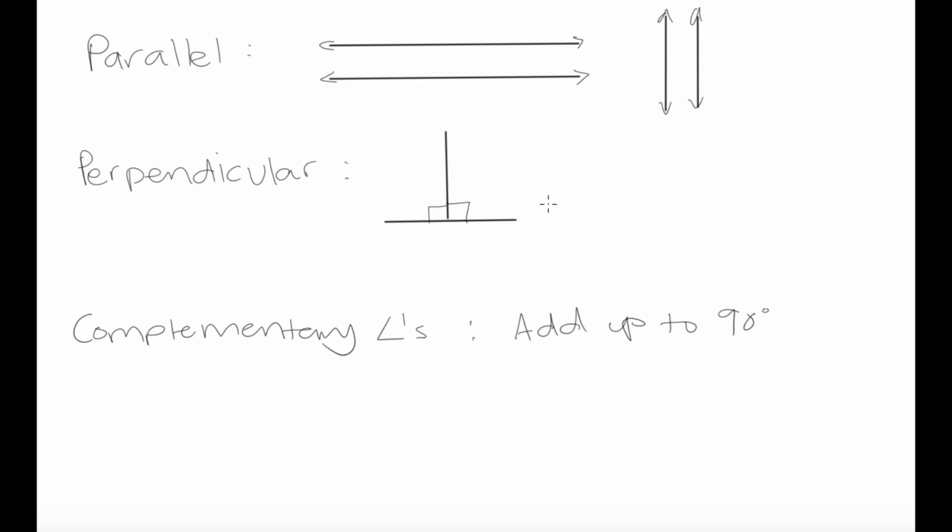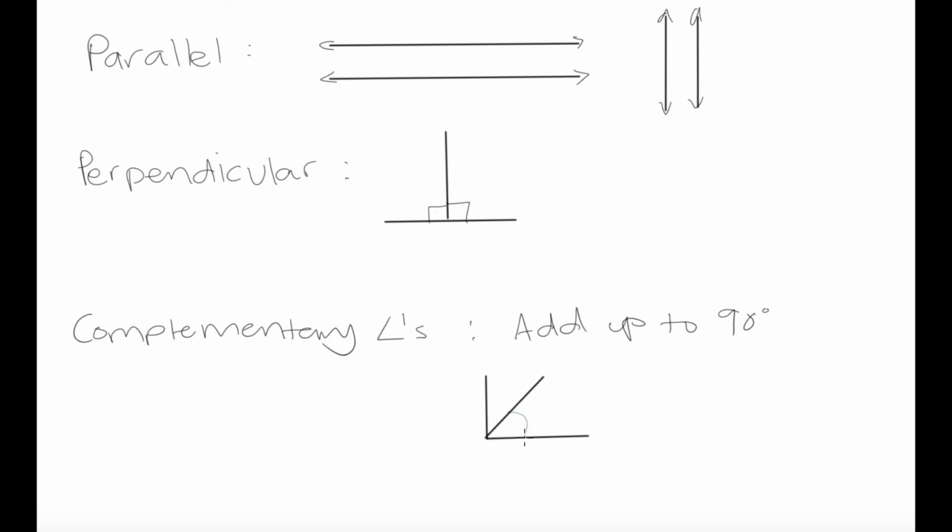So what does that mean? So let's say over here we have a 90-degree angle, right? This entire angle over here is 90 degrees. But let's say we had another line that intersected over here. Let's say we had a line like this. Now, instead of having one 90-degree angle, we have two angles that we have created.